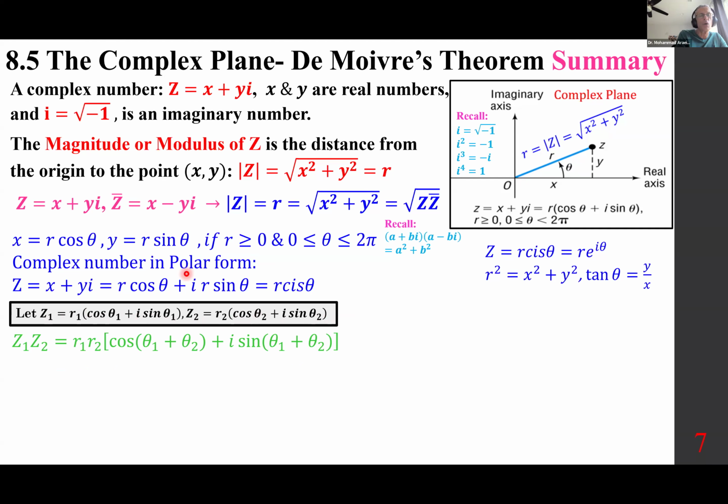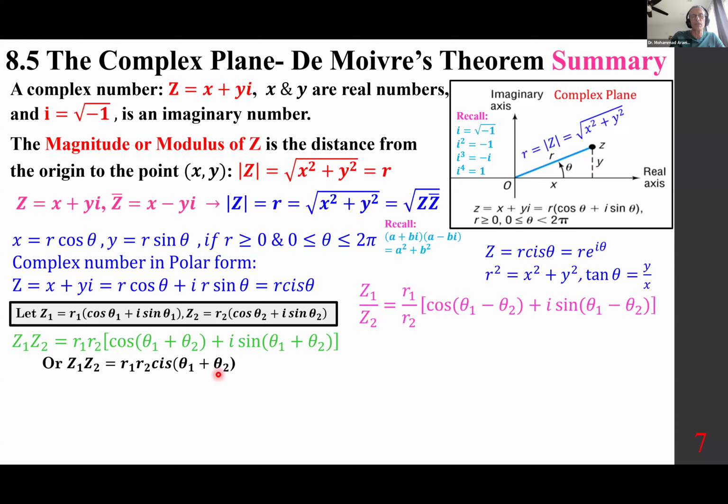Simply put, multiply r1 and r2 and then add up their arguments. The shorthand notation z1 z2 is r1 r2 cis theta 1 plus theta 2. Division, if we want to divide z1 by z2, the shorthand notation is r1 divided by r2, cis theta 1 minus theta 2.